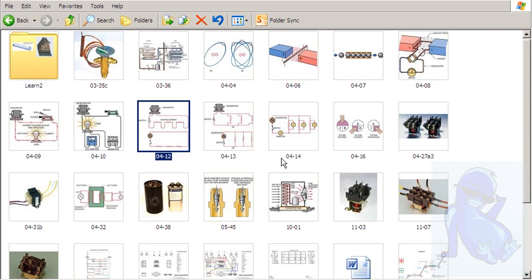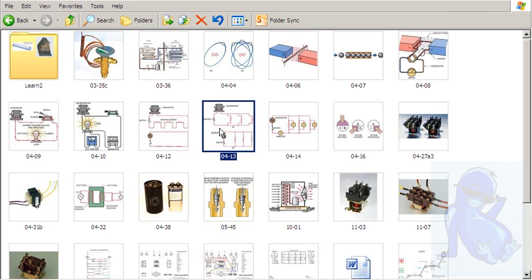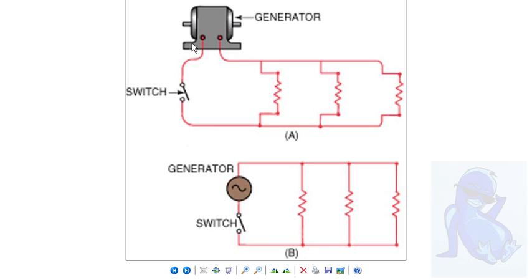Let's find a parallel circuit. This represents parallel. And in a parallel circuit, L1 to switch, switch to load. You've got L1 on one side of the bulb. This could be a light bulb, let's say it is. And then you go L1 to the other light bulb, and then you go L1 to the third light bulb. These could be motors, but I'm calling them light bulbs.